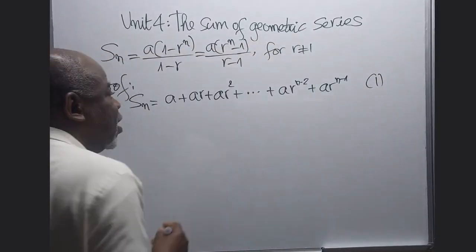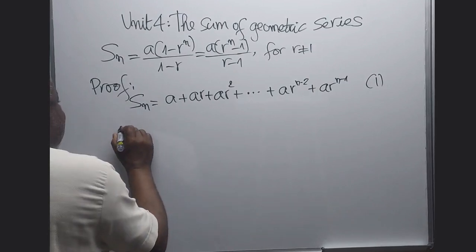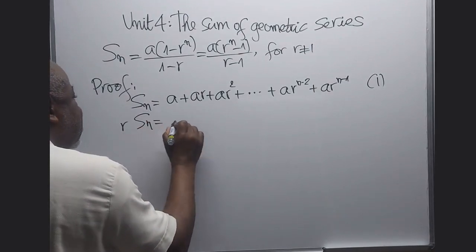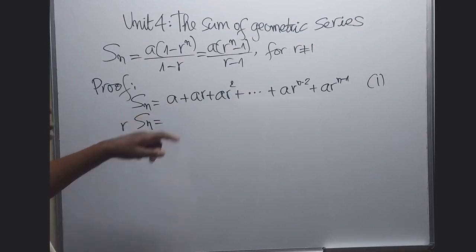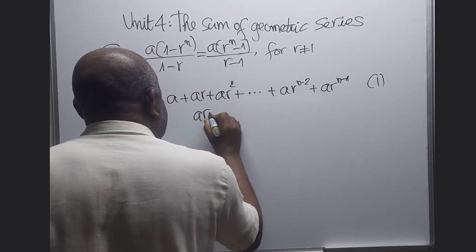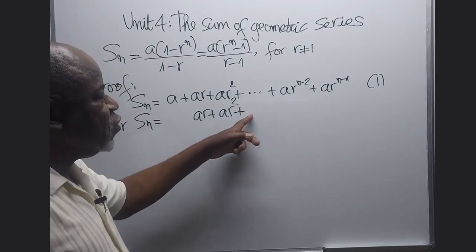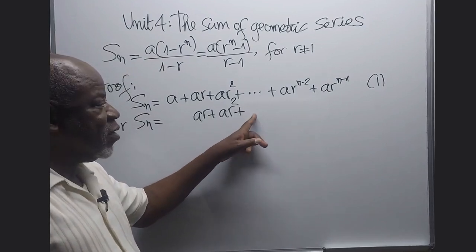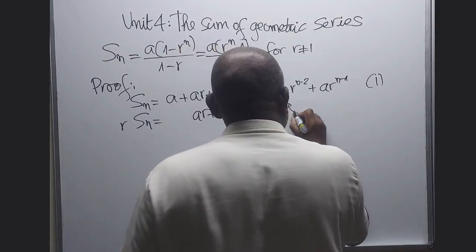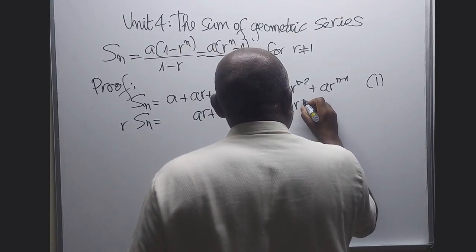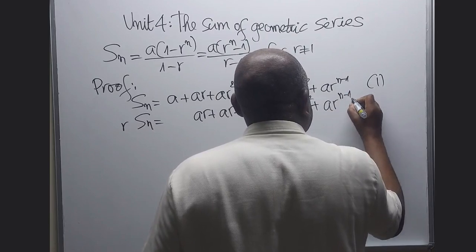I'm going to consider this sum multiplied by the common ratio. So I'll have r times Sn equal to: I'm taking the first term multiplied by the common ratio, then I'll get the next one, ar plus ar squared. The next one which is going to follow is ar to the power of 3, and so on, then dot dot, then ar to the power of n minus 2 plus ar to the power of n minus 1.